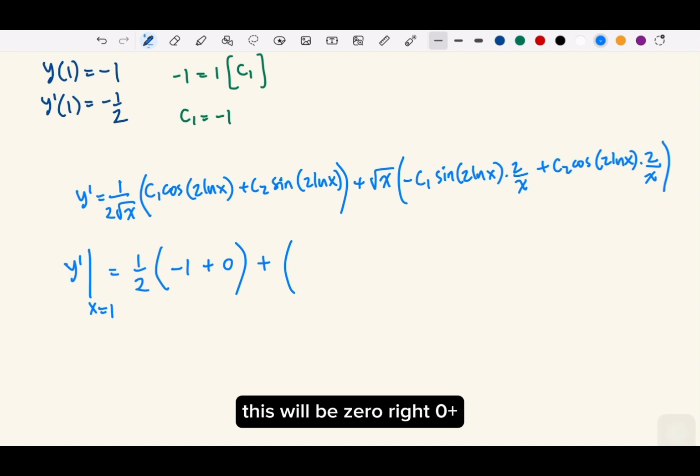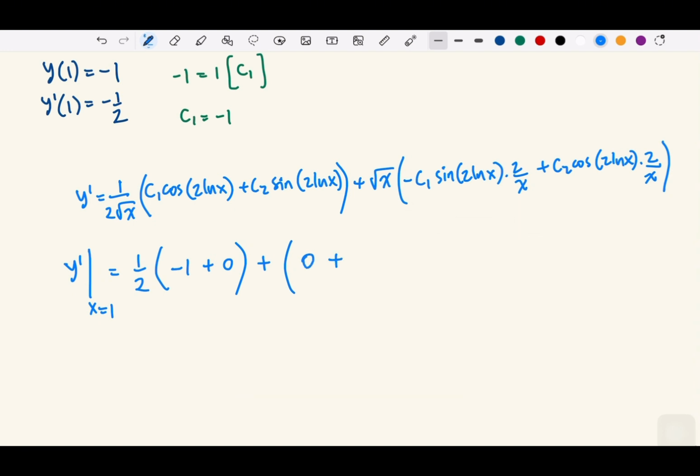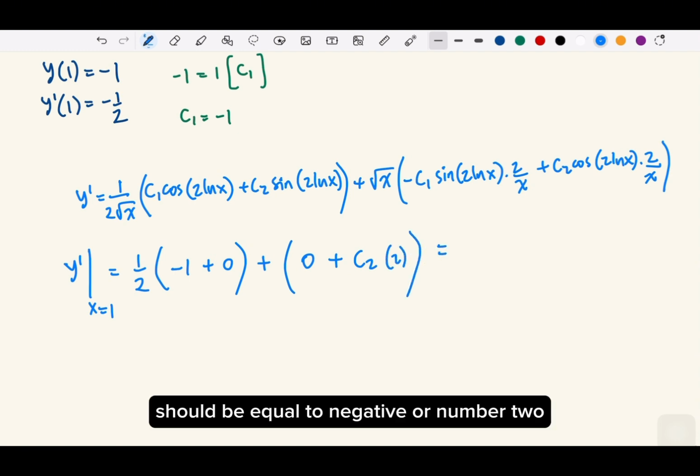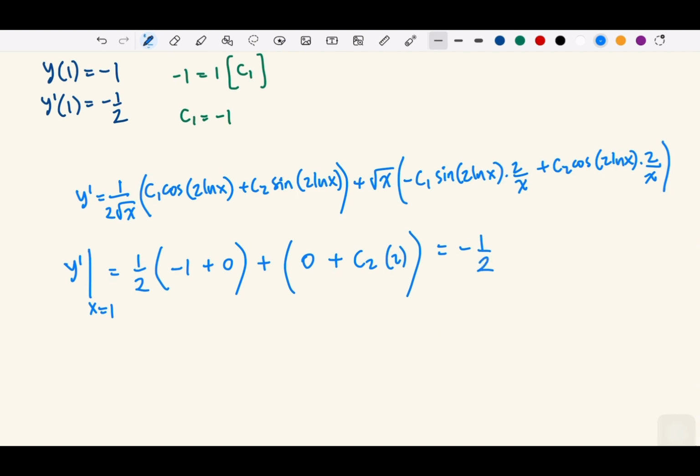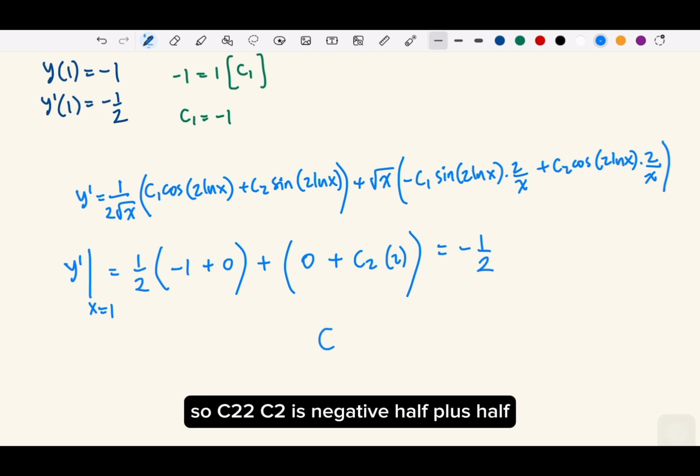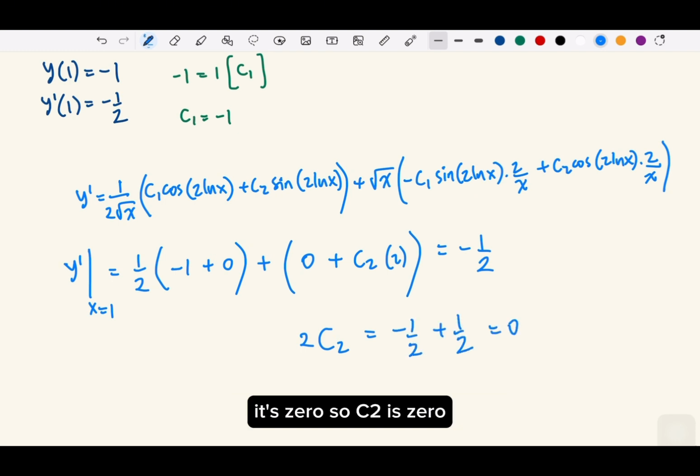This will be 0, right? 0 plus C2 multiplied by 2. It should be equal to -1/2. So C2 is -1/2 plus half, it's 0. So C2 is 0.